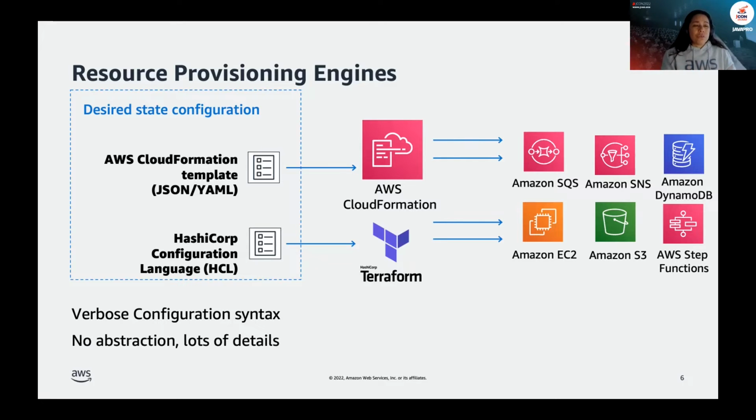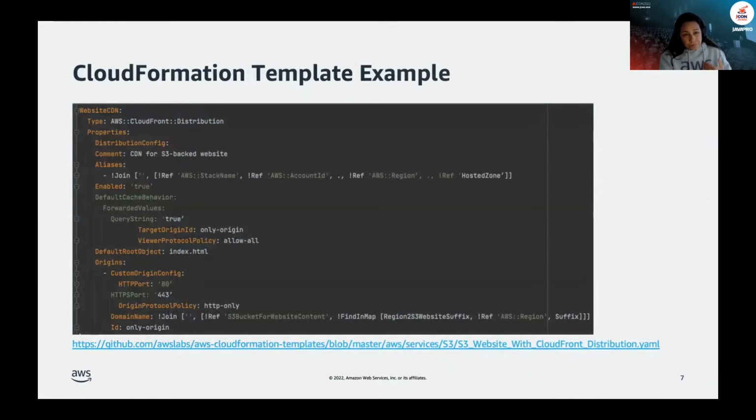So whenever we want to reuse something, it's mainly copy pasting snippets from these templates, and that's not really ideal. They also force us to provide a lot of details about the infrastructure that we are trying to provision or update. And what I mean by that is easily clarified through an example.